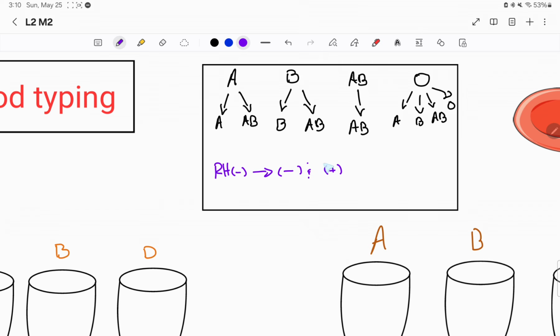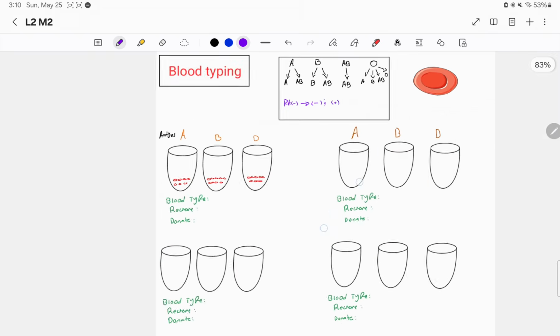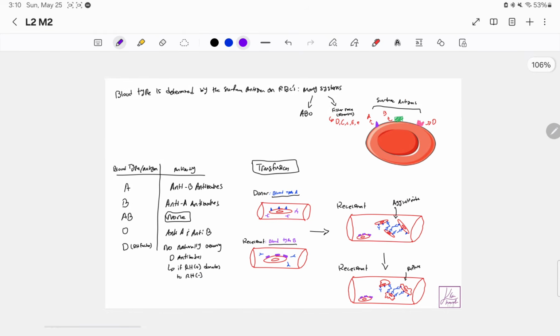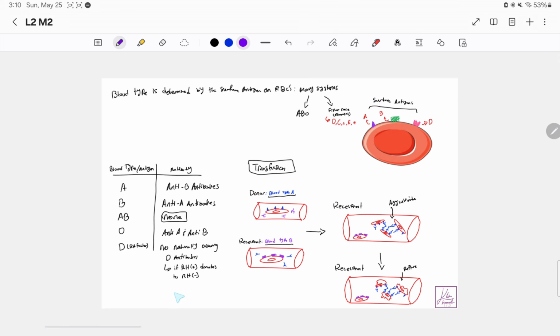But why can you give to somebody who's positive? Because somebody who's negative doesn't have the D antigen. They don't have this guy. Which means that if I give it to somebody who does have it, there's going to be no adverse immune reaction. So if I give them blood that does not have the D antigen, then we're good.